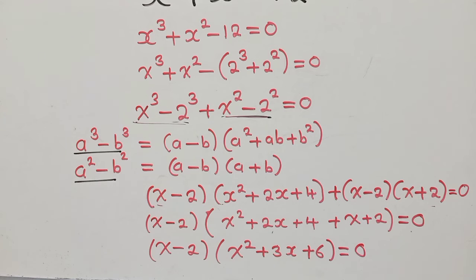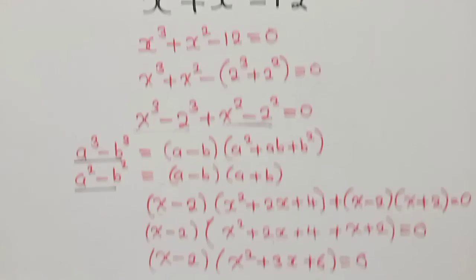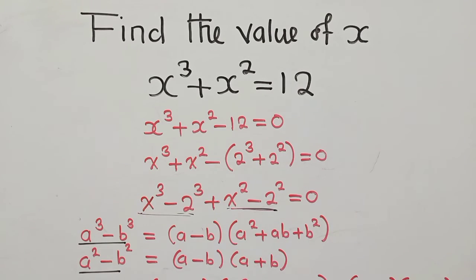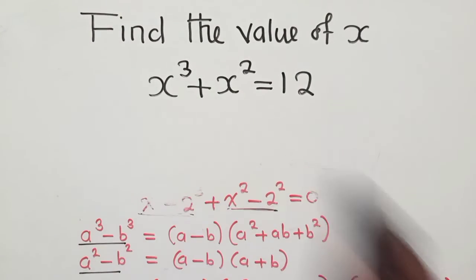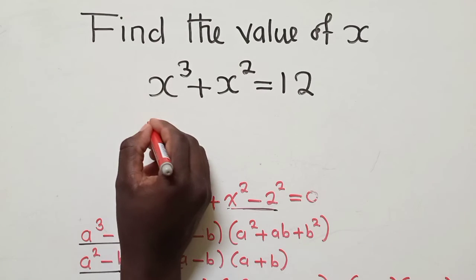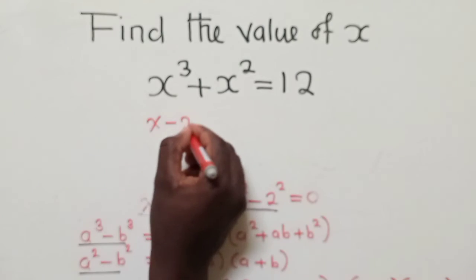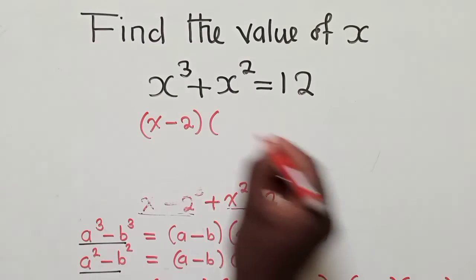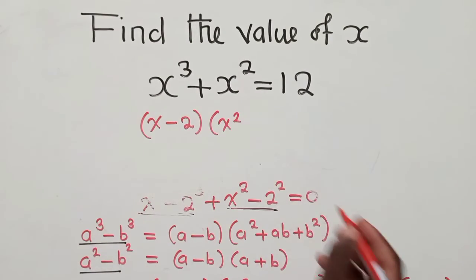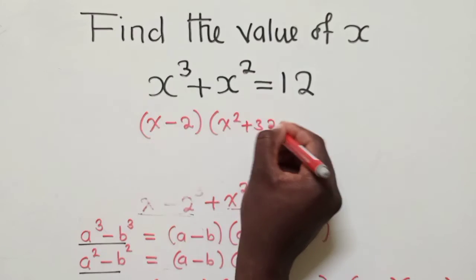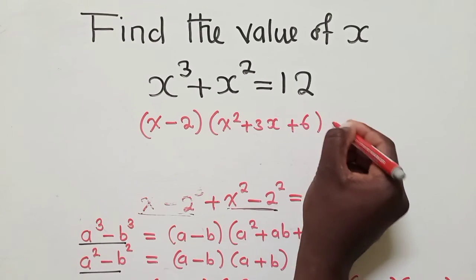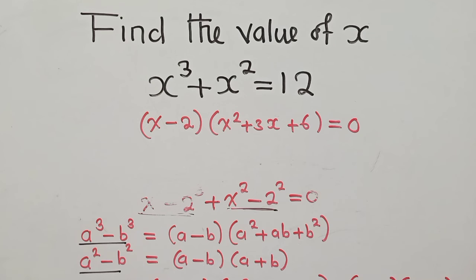So you see the stage we're at. Now the next stage from here: let me just copy this part. Don't get lost. I'm just copying this stage where we're at, which is x minus 2, times x squared plus 3x plus 6, is equal to 0.